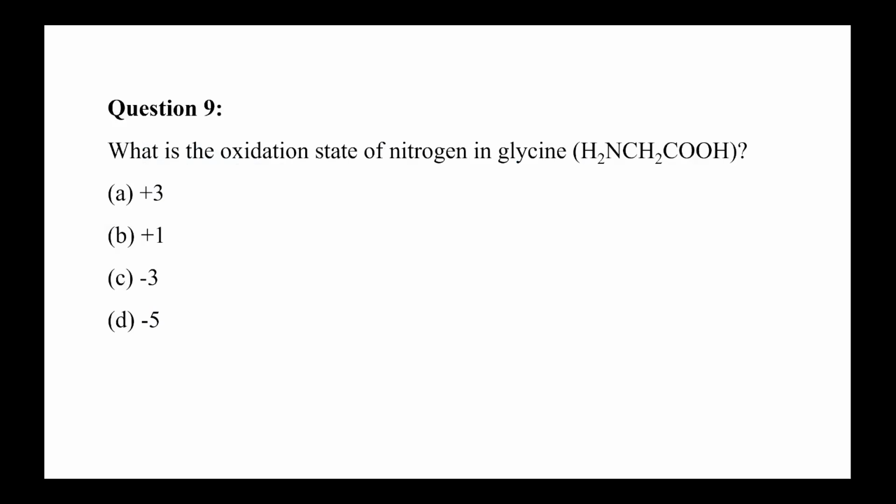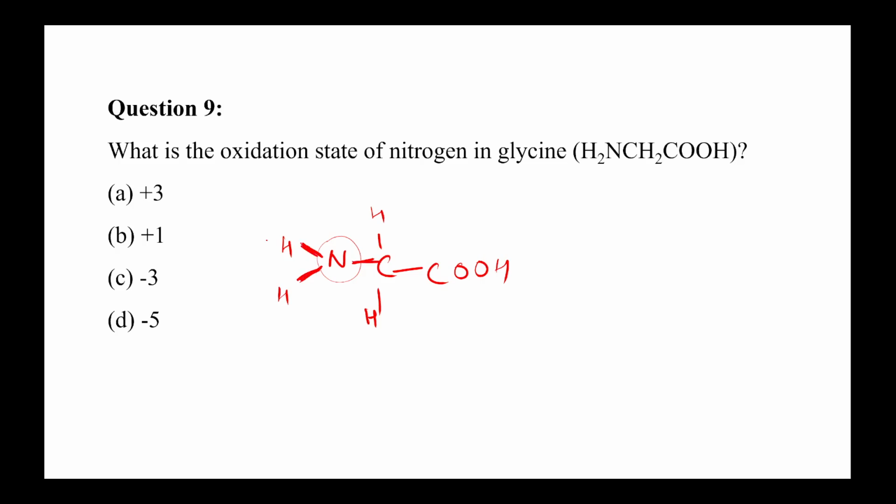Very good. So basically, all these amino acids have a primary amine, right? So you have N with 2 hydrogens connected to a carbon with 2 hydrogens again, and then it is connected to another carbon with a COOH group. If you look at this nitrogen, it is connected by 3 single bonds, right?